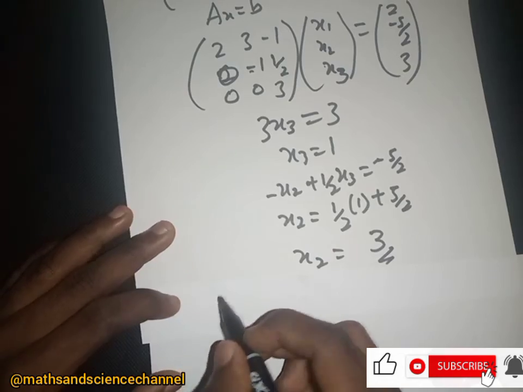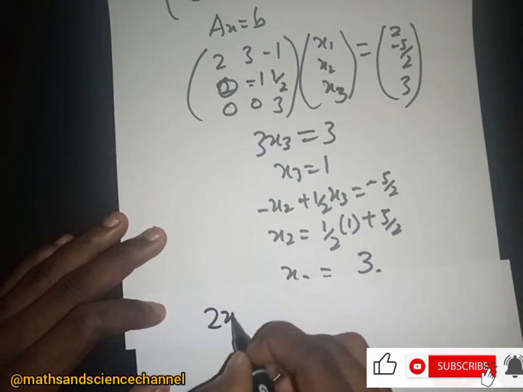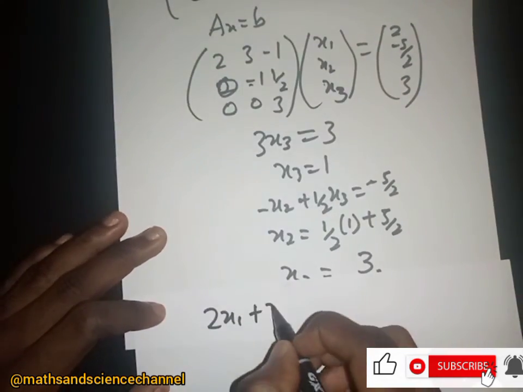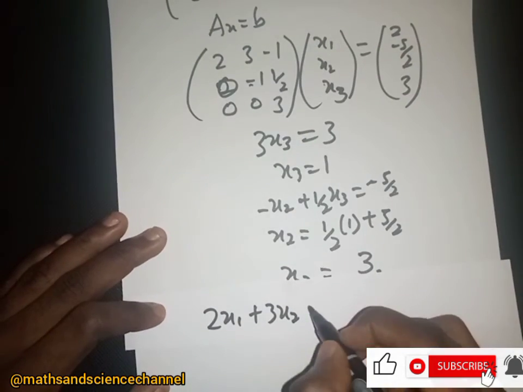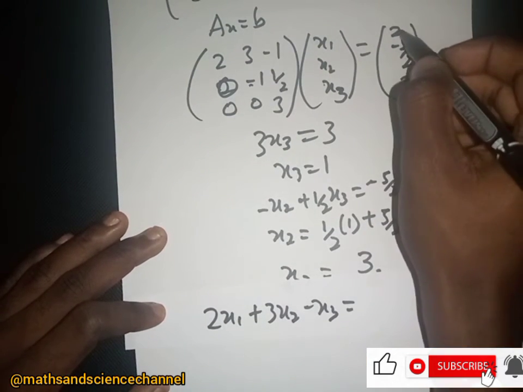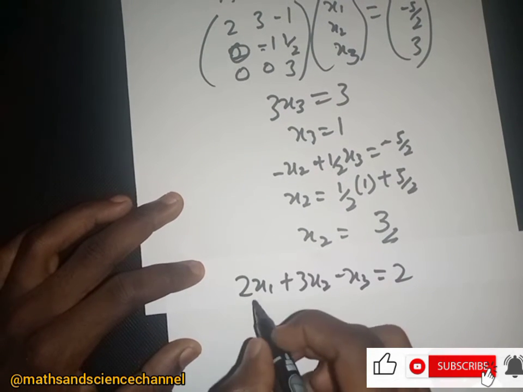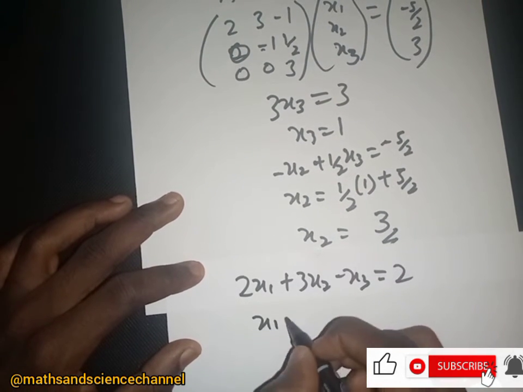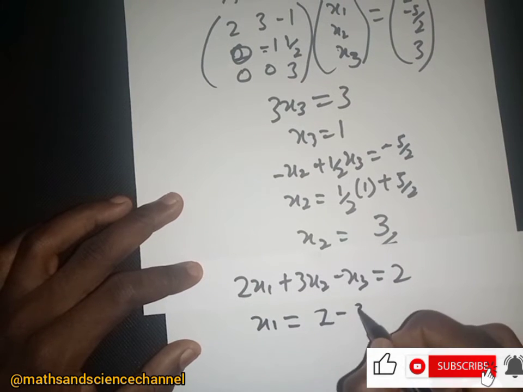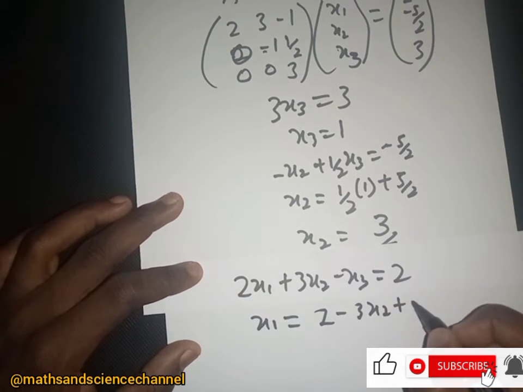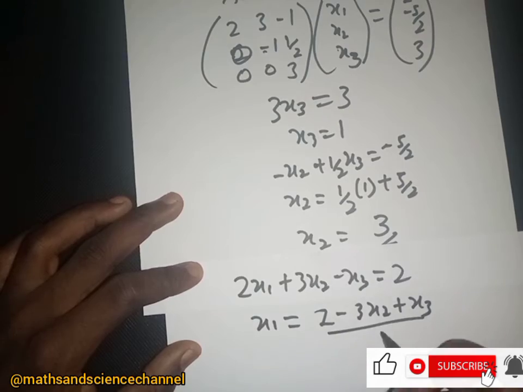Now for the last part we have 2x1 plus 3x2 then negative x3 being equal to 2 here, so for x1 we're just going to get x1 being equal to 2 minus 3x2 plus x3 here, all divided by 2.